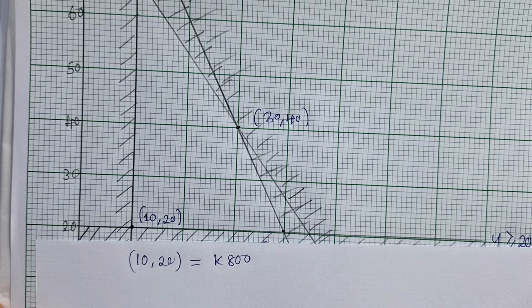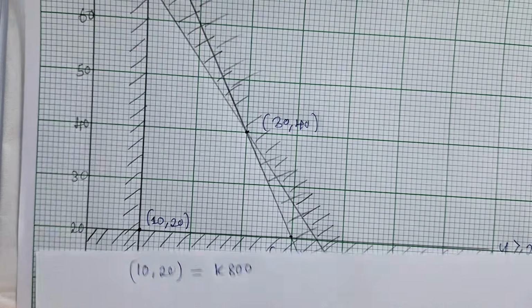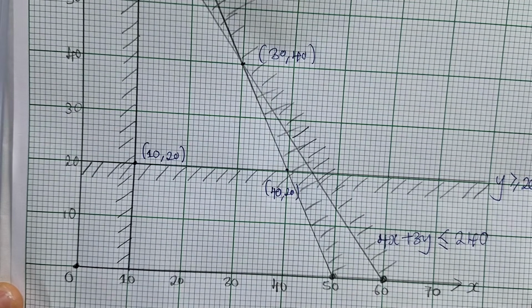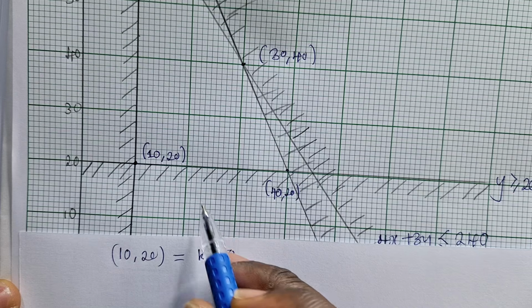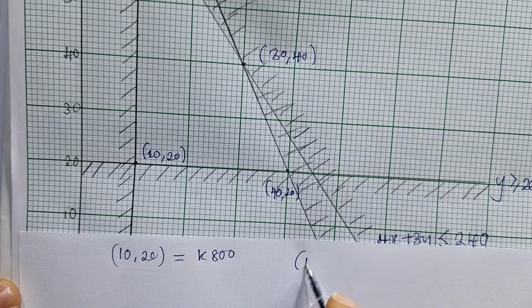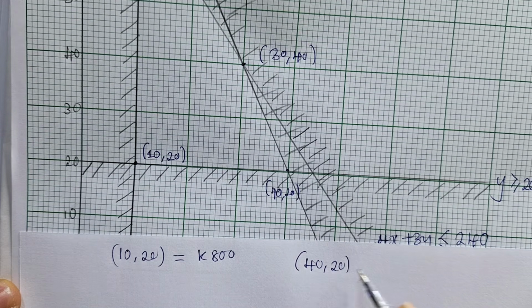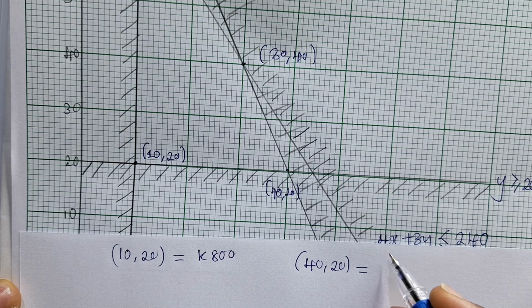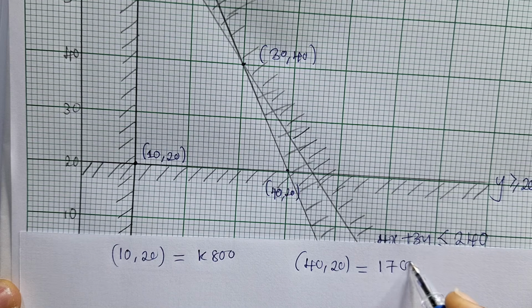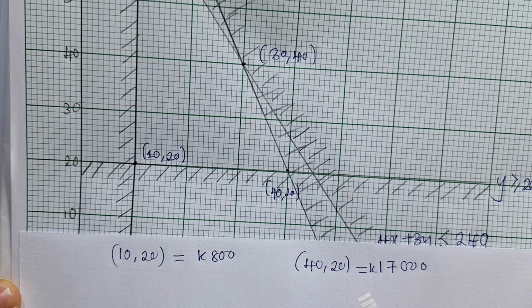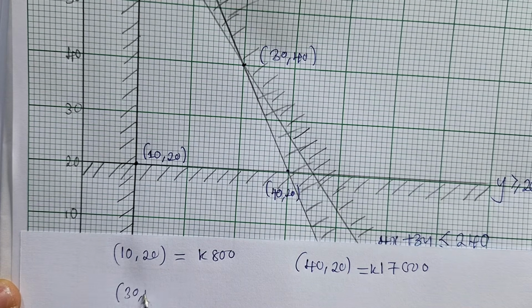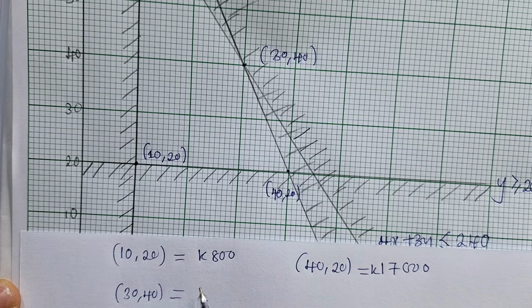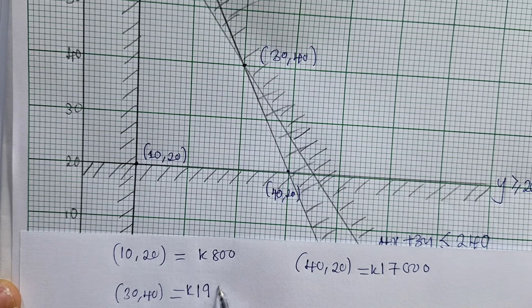Then I go to the next one, which is right over here. When I punch this one, I do what I did. For 40, 20, I'm getting 17,000. I come to this one, that is 30, 40. I'm getting 19,000.